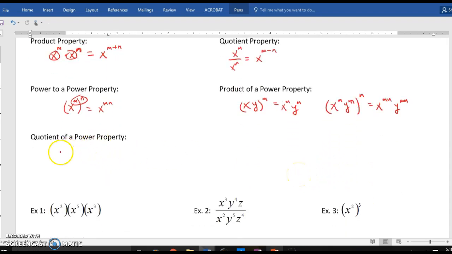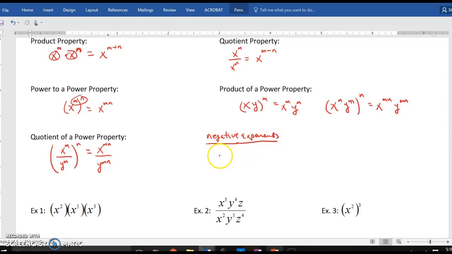Quotient of a power property is the same thing. If I have x to the m over y to the m, all raised to the n power, each term here gets raised to the n power, so it would be x to the m times n over y to the m times n. All right. The last one is negative exponents.